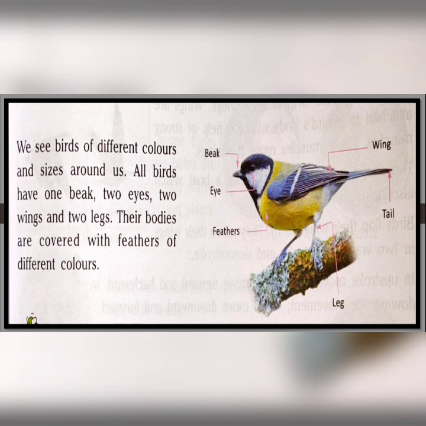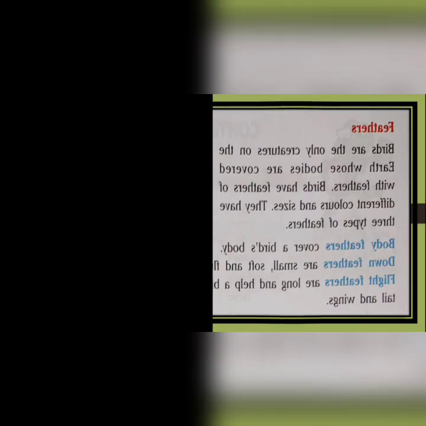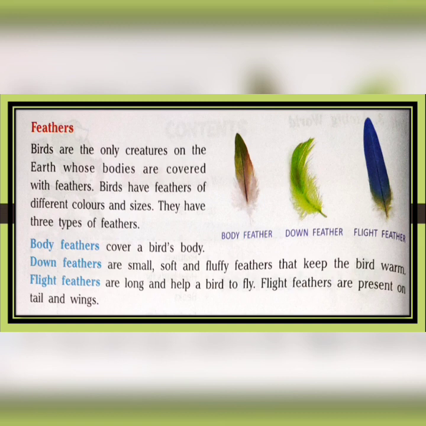Around us we see many birds, and their sizes, body shapes, and body colors are all different. But there is one common thing. Birds have two eyes, one beak, two wings and two legs along with claws, and their bodies are covered with different colored feathers.